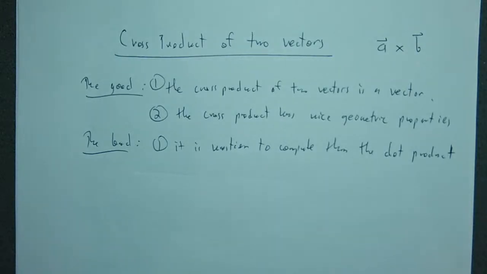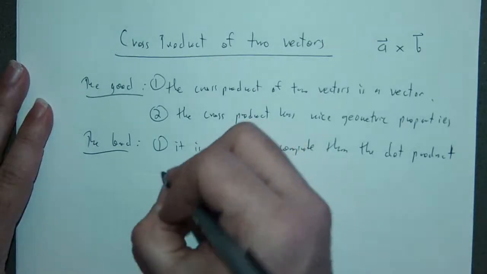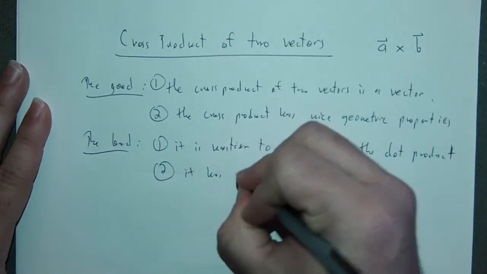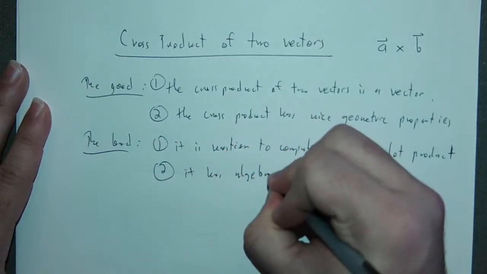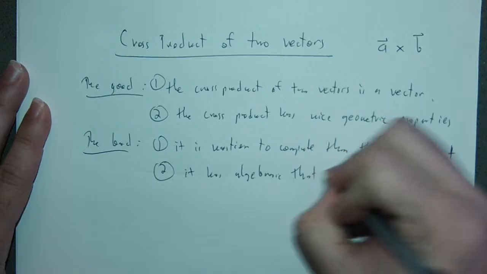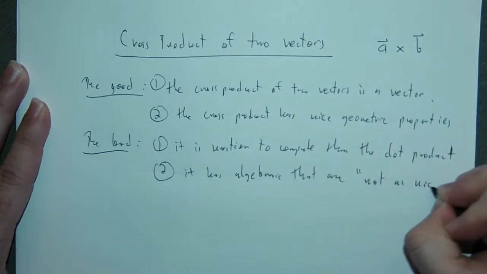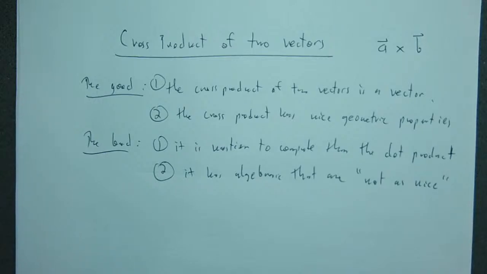For the cross product, you can't quite do that. It's a little more annoying. And then it has algebraic properties that are not as nice as the dot product. Okay, and you'll see exactly what I mean by this.